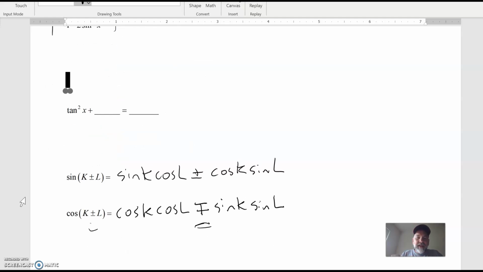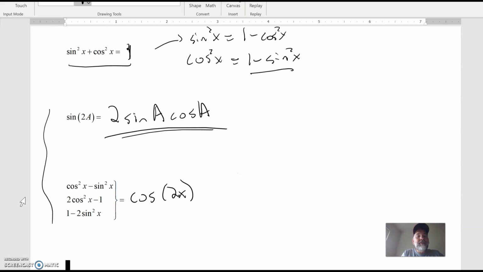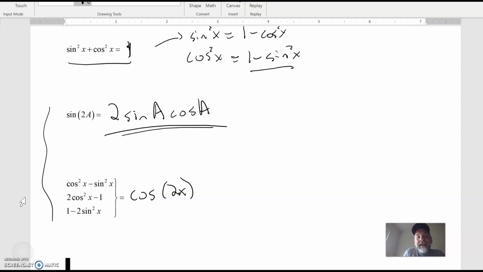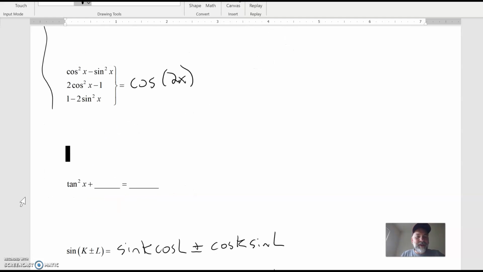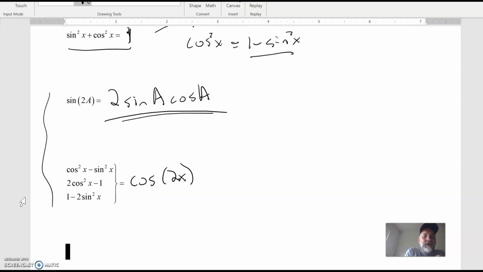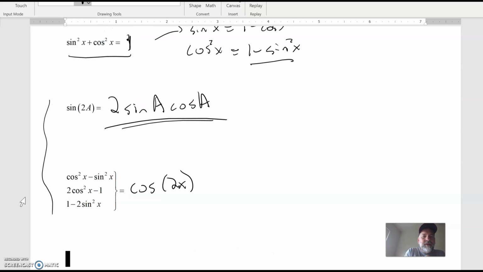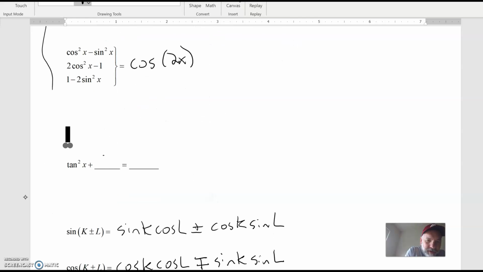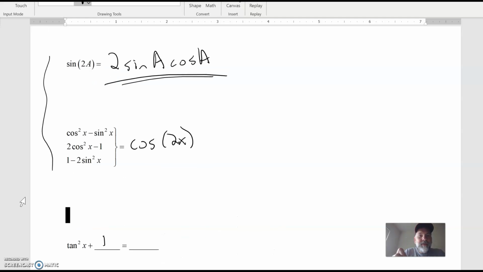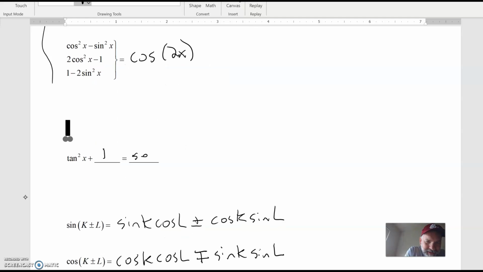And finally, this one, tangent squared plus 1. This is the other Pythagorean identity. All it is, if you take this original one and divide everything by cosine squared, then sine squared over cosine squared is tangent squared, cosine squared over cosine squared is 1, and 1 over cosine squared is secant squared x.